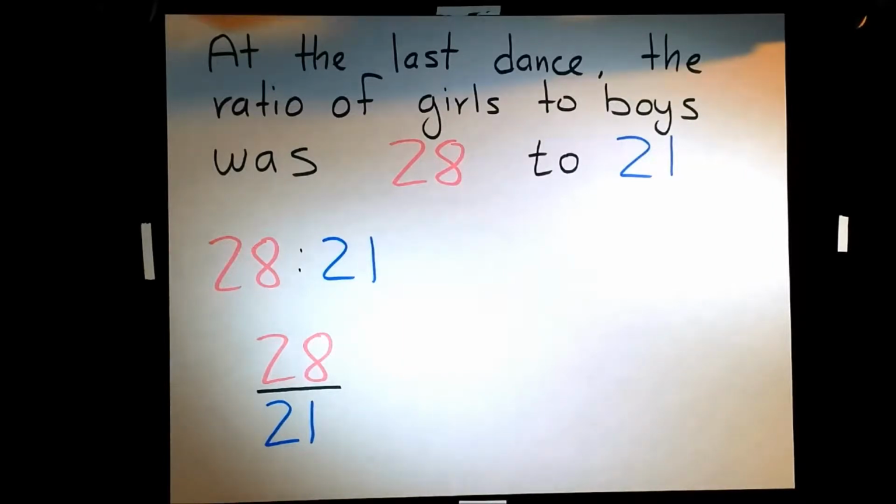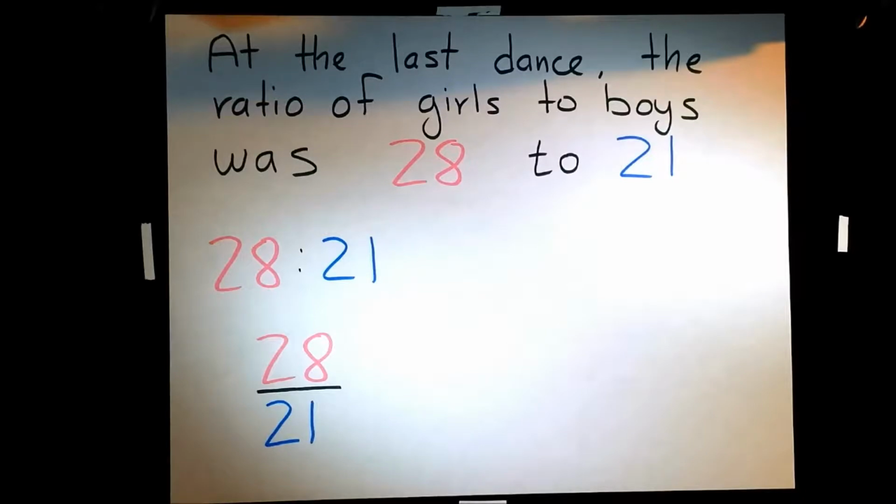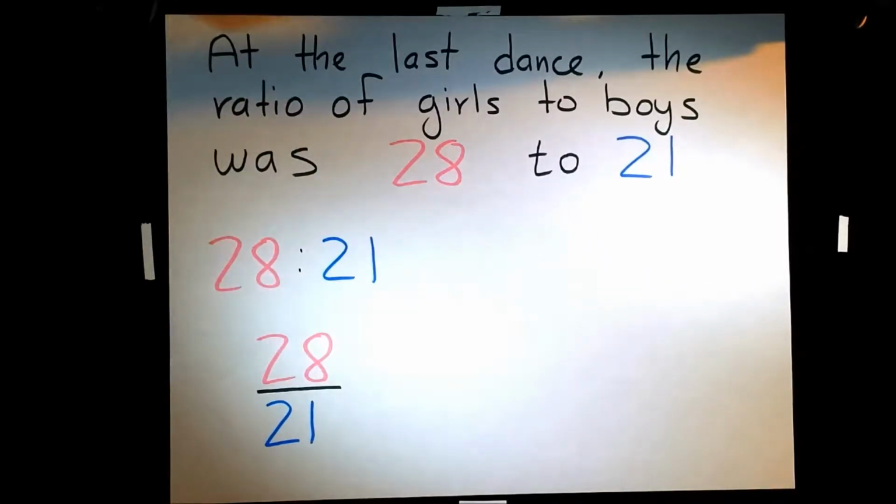Now the first thing you can do is write a ratio in three different forms. The first form is right here, 28 to 21. You simply put a "to" in between the two numbers that you're comparing, in this case girls to boys, and you have a ratio set up.